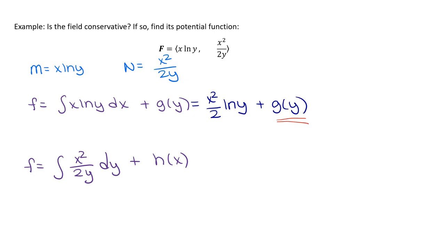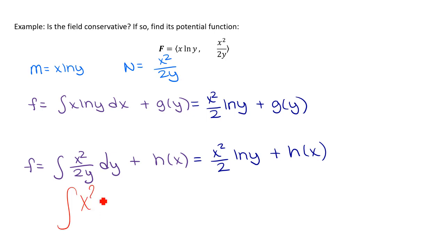So my second integral, I'm going to integrate x squared over 2y with respect to y. Because this is the same thing as x squared over 2 times 1 over y dy, I get x squared over 2 ln y. And then I could have additional terms that have x's in them.